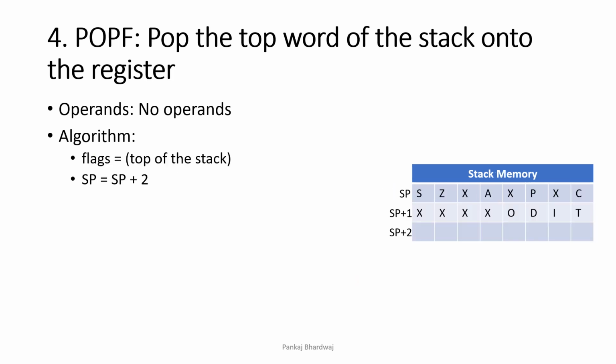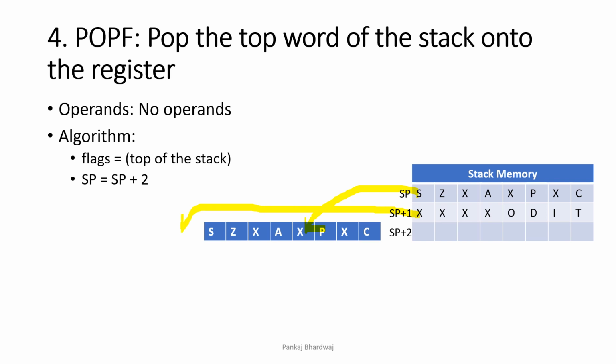Next is POPF. Pop the top word of the stack into the flag register. The flag register is 16 bits. So first the top of the stack will be moved, and then the top of stack +1, that means the next byte, will be moved.